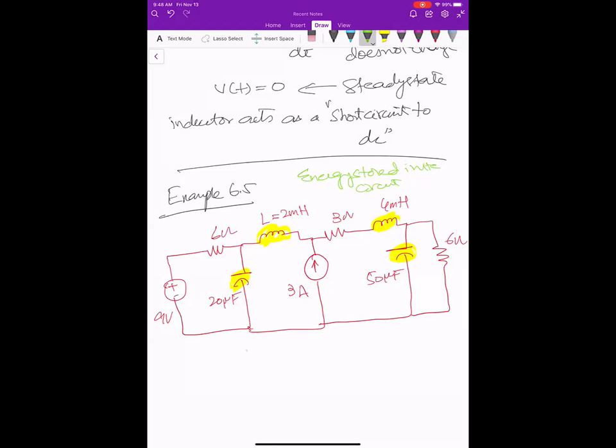But to know how much energy they have stored, we want to know the formula, right? So which is WC of t is 1/2 CV squared, and WL of t is 1/2 LI squared. But to know that, what are the unknowns here?